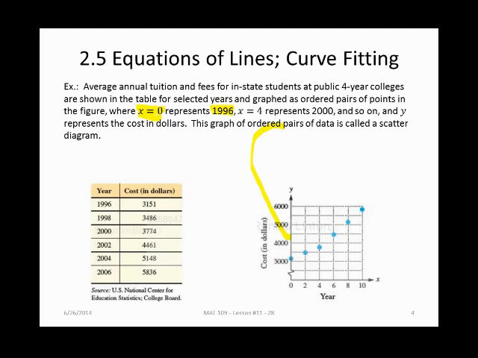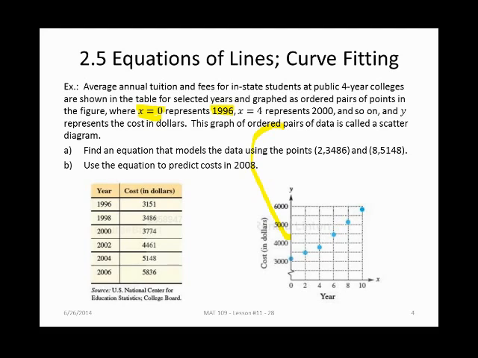What we want to do is find an equation that models that data, and we want to use that equation to predict the costs in 2008. The table ends at 2006. We want to know what happens in 2008. That's what a model can allow you to do, is to find a value for 2008 that's not just a pure guess. It's going to give you a better simulation of what that value would be than just a guess.